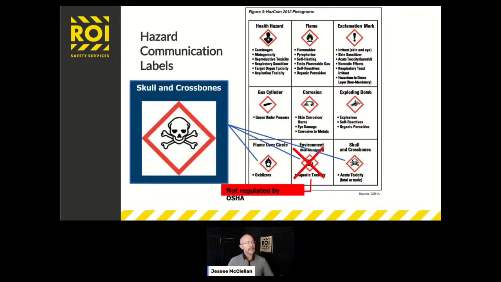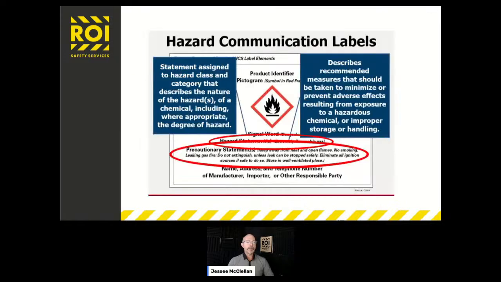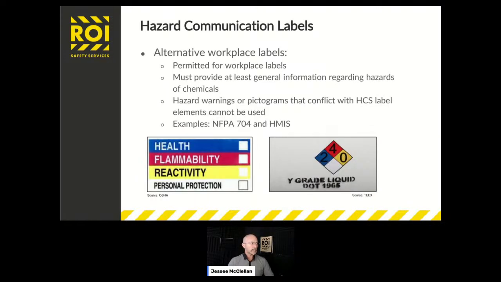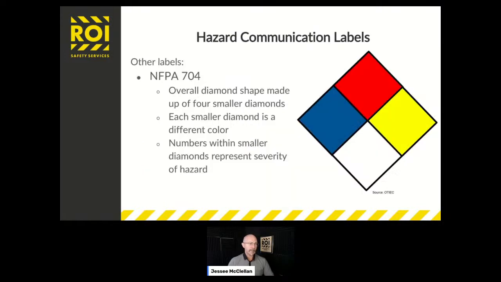A video is fine for something like this, although you still must go over the site-specific chemicals that you have. But reading a label, understanding the NFPA and the GHS information can easily be done in a video. I do not recommend any videos, but it's something that you can do.